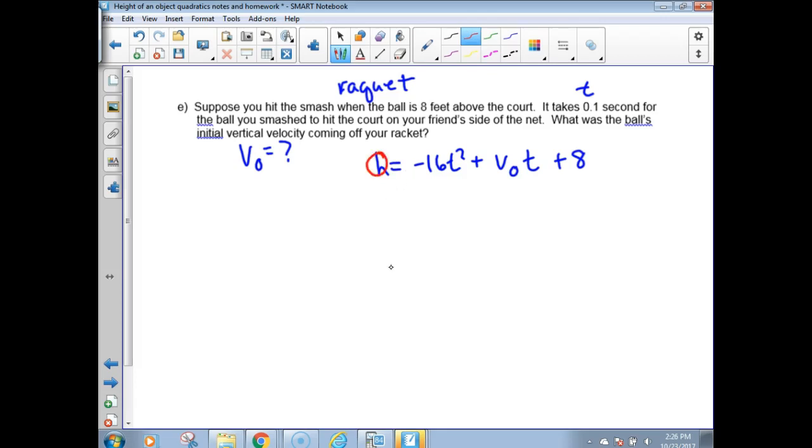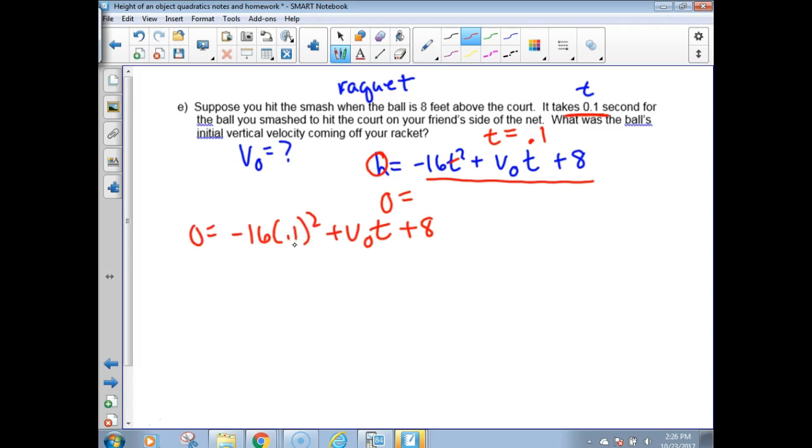So now that we have it set to 0, we're going to figure out this initial velocity. Oh, wait, how long did it take? Do we have more to fill in? t is 0.1. All right, so negative 16 times 0.1 squared plus v sub 0 times t plus 8 equals 0.